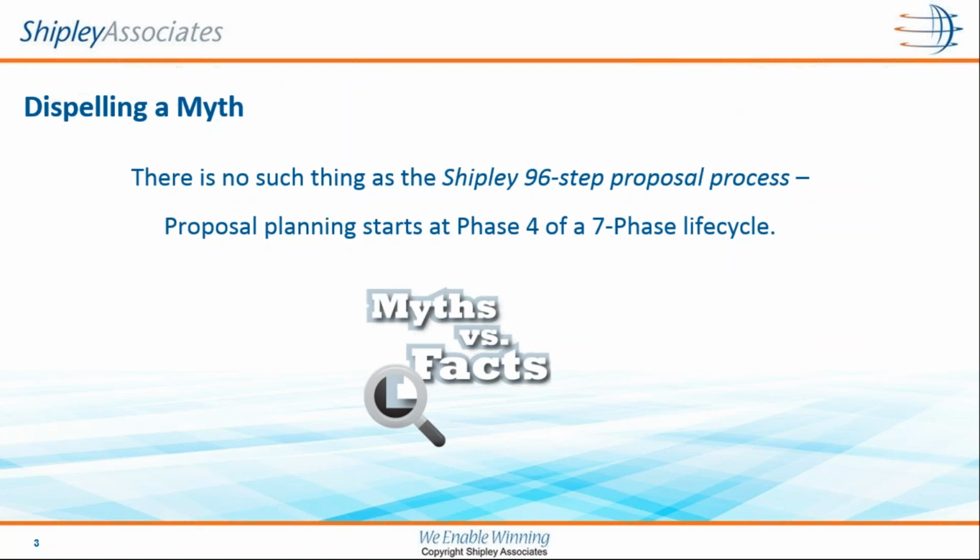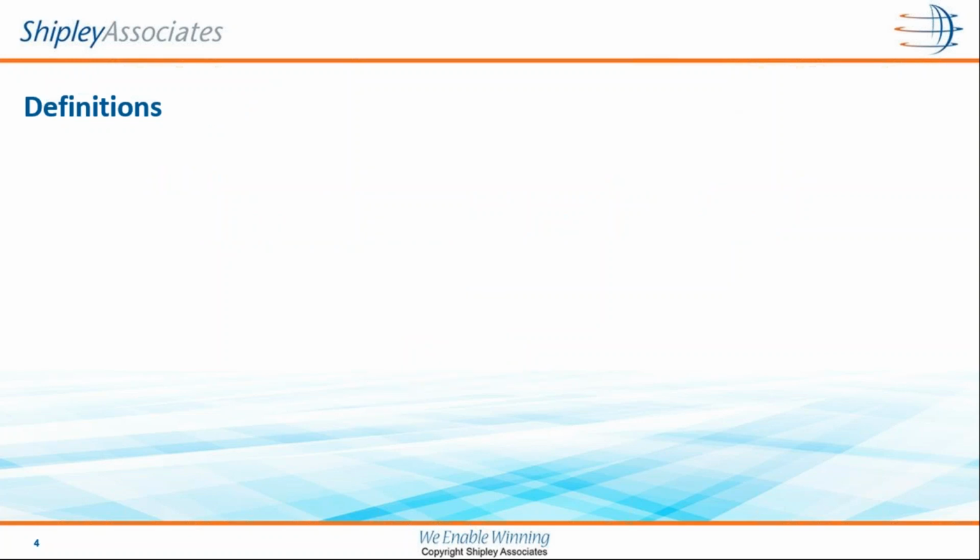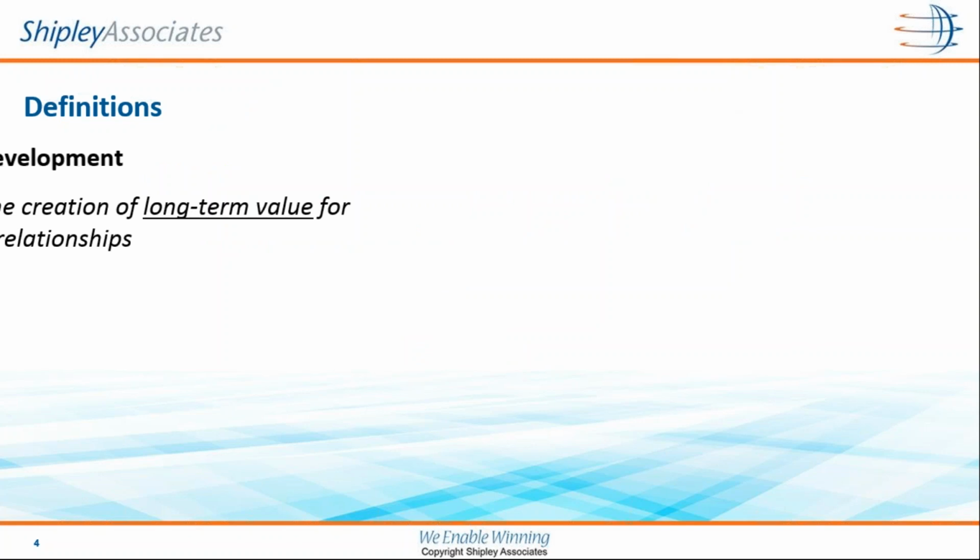So as you'll see, this is not a 96-step business development, proposal process. This is a life cycle. This is how a business, an organization, a nonprofit ought to govern themselves when it comes to looking for, identifying, qualifying, and winning work. So we just wanted to dispel that myth.